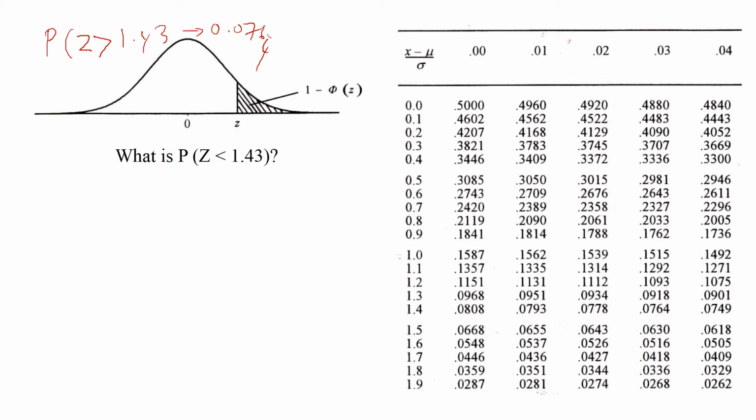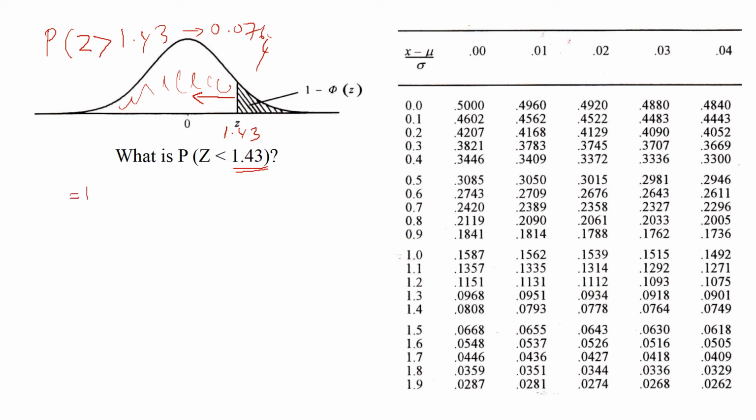Now, what happens if you want to know P(Z less than 1.43)? Basically, we want to find the area to the left of Z. If Z here is 1.43, you want to find this area. Remember that the whole area under the curve is equal to 1.